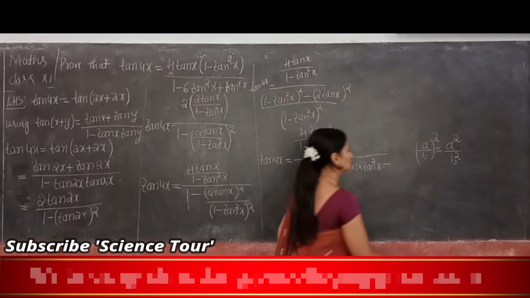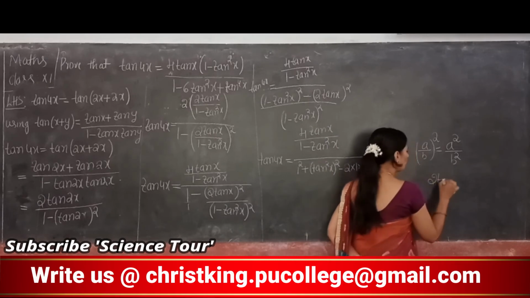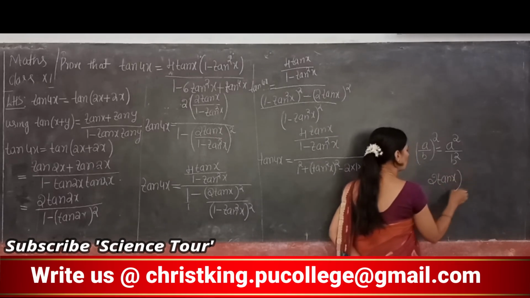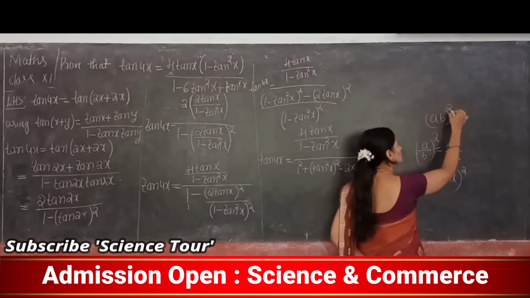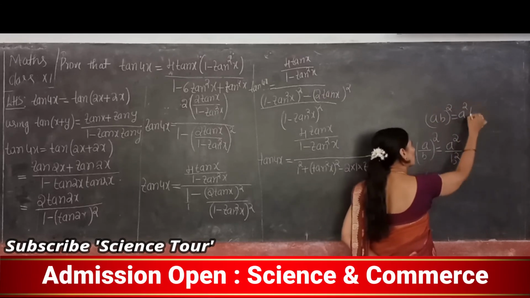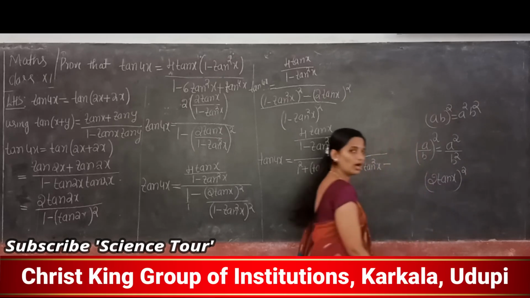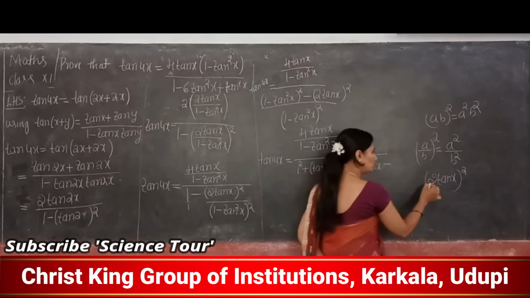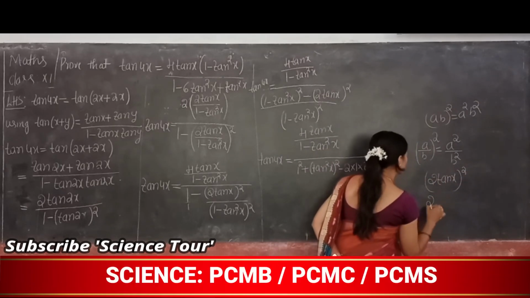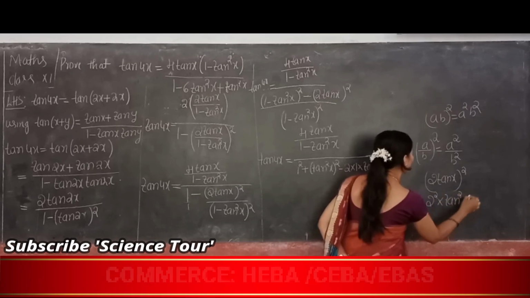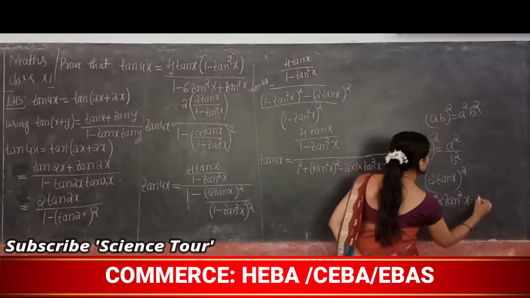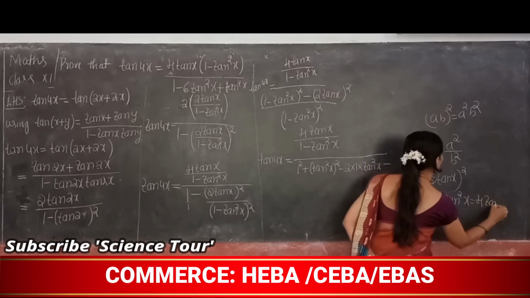If it is (ab) whole square, it is a square into b square. Similarly, (2 tan x) whole square is 2 square into tan square x, 2 square is 4, so 4 tan square x.